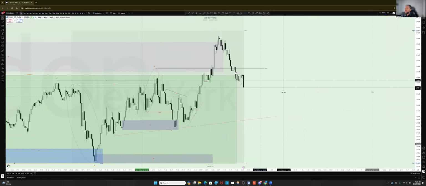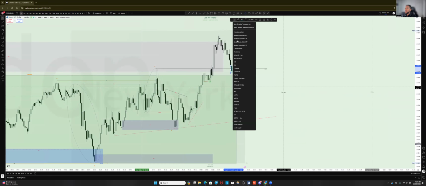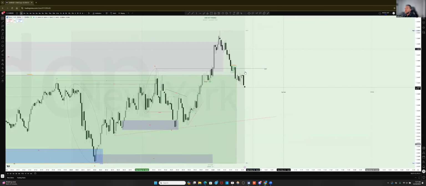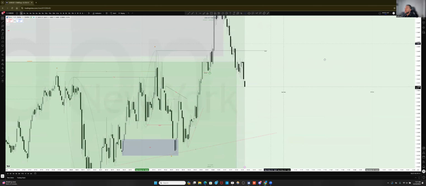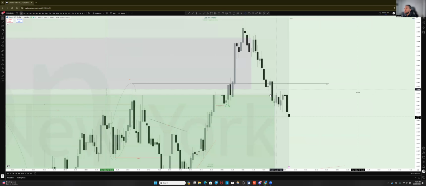The minute price broke under and they put this wick, they all bought right here. That's why you see these bullish candles. These two bullish candles, that's break and retest traders immediately trying to push the market up.